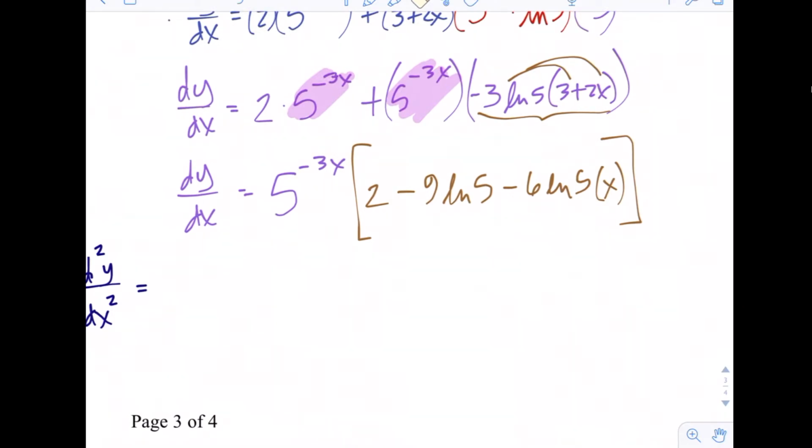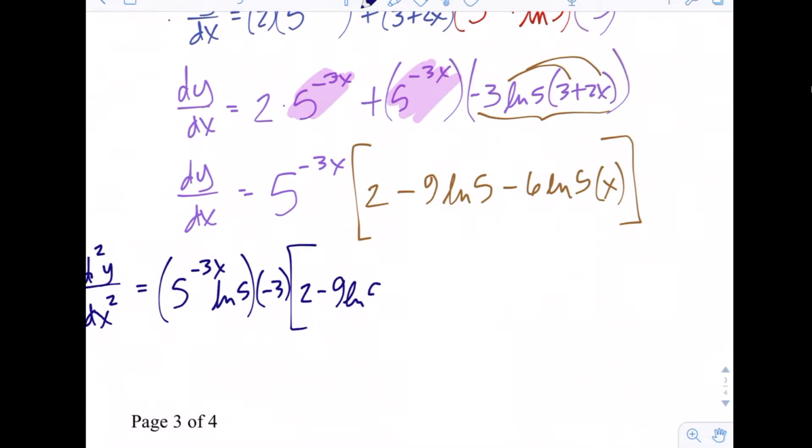All right, so on the right side, the derivative of 5 to the negative 3x is itself, once again, times the natural log of 5 times a negative 3. Times the beefy brown piece goes along for the ride: 2 minus 9 ln of 5 minus 6 ln of 5 parentheses x.